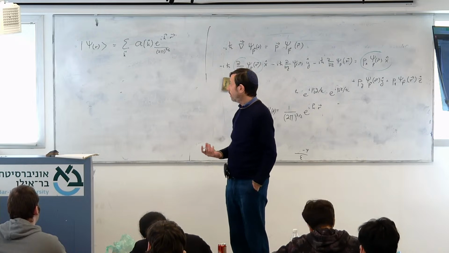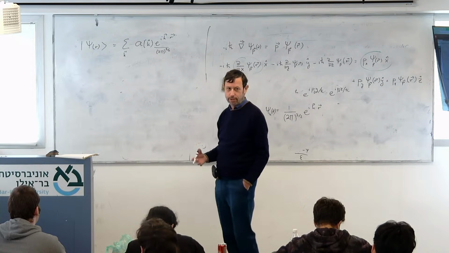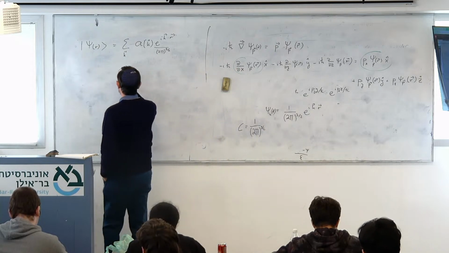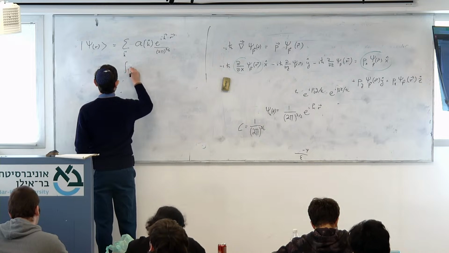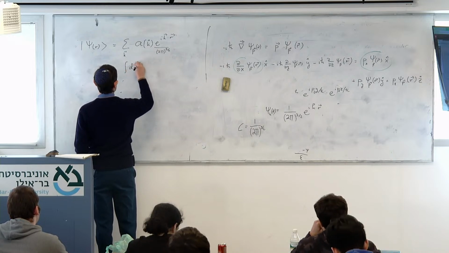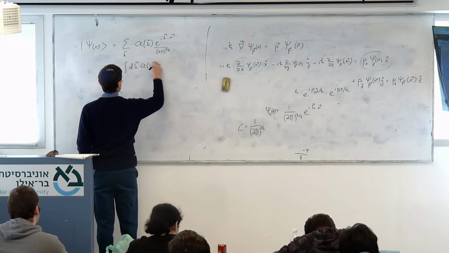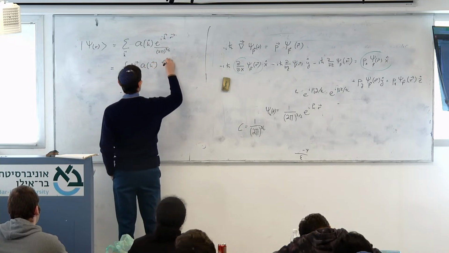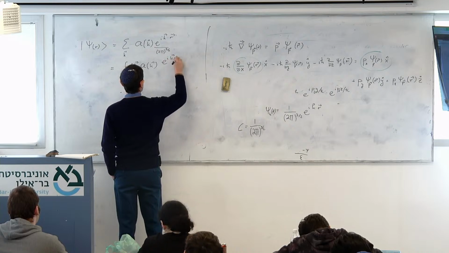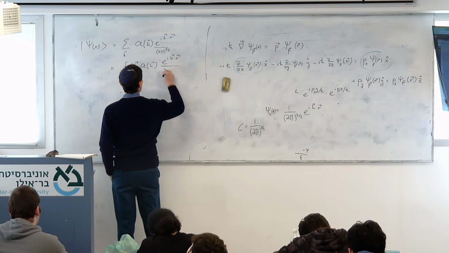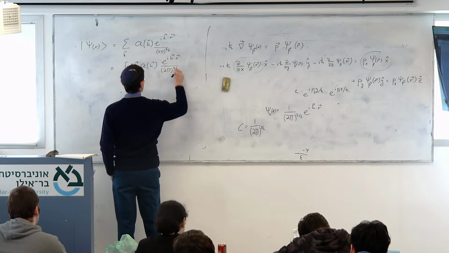The only thing I have to correct here: k is continuous, so it should be an integral. What is the coefficient for each k?